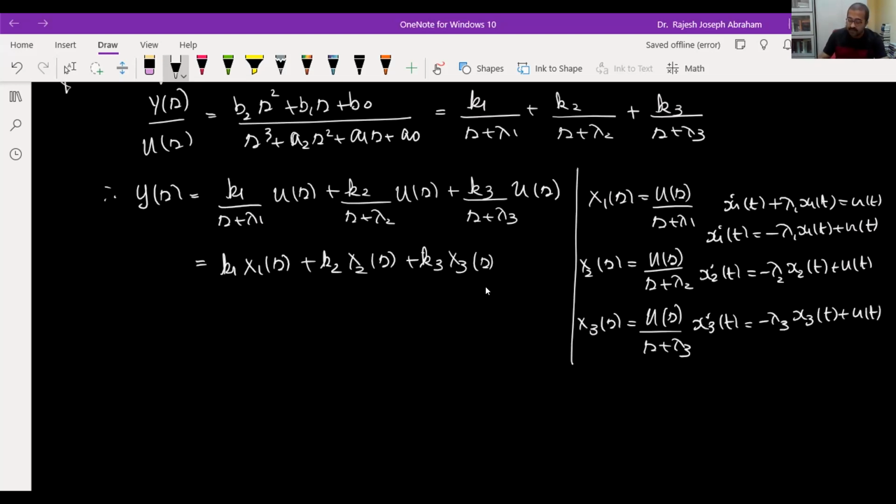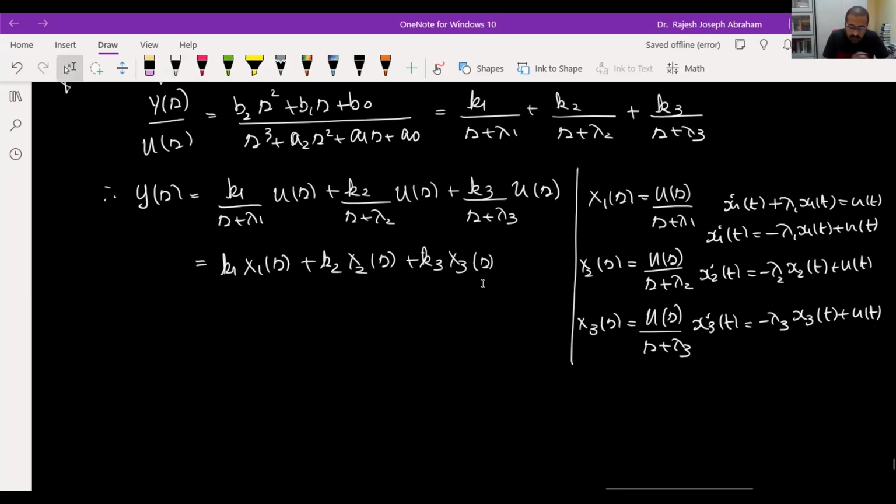You can see that the state equations are independent of other state variables. The equation for x1 dot is a function of x1 only, x2 dot is a function of x2 alone, and x3 dot is a function of x3 alone. So they are decoupled from other states.